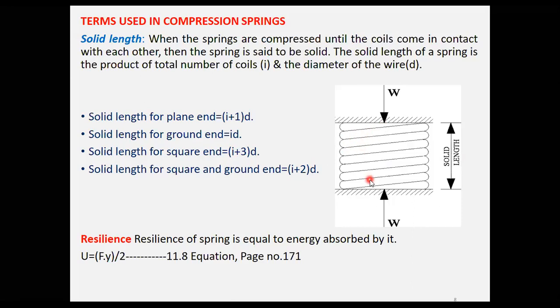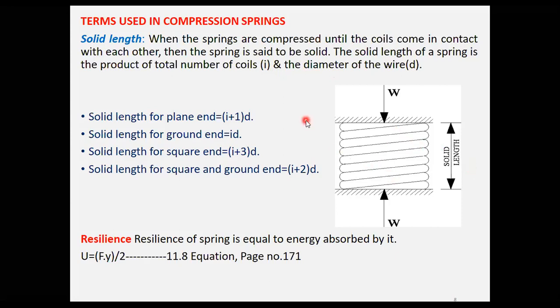The total number of coils. The solid length depends upon the total number of coils and the diameter. The diameter is the same, it will not change, and you count how many coils are there. That multiplied with the diameter of the wire will give you the solid length.